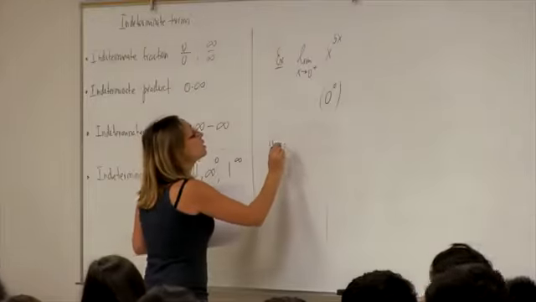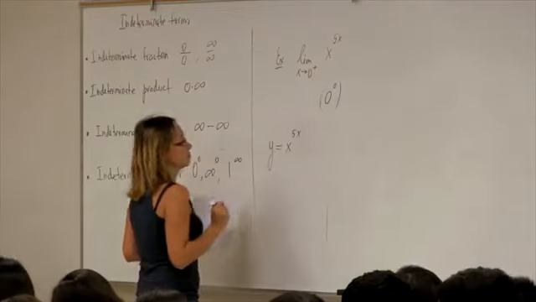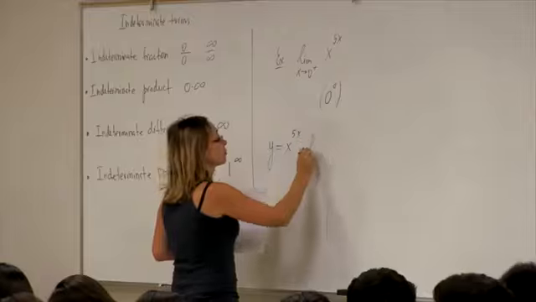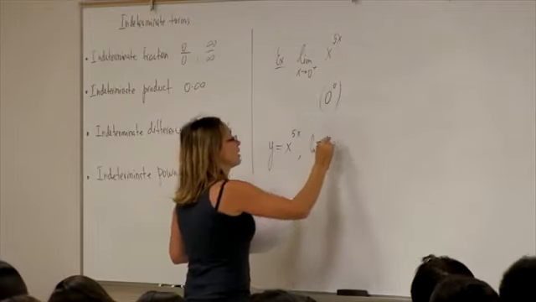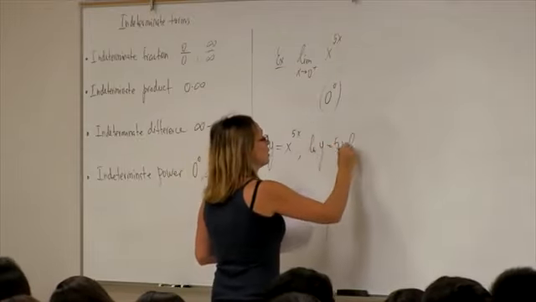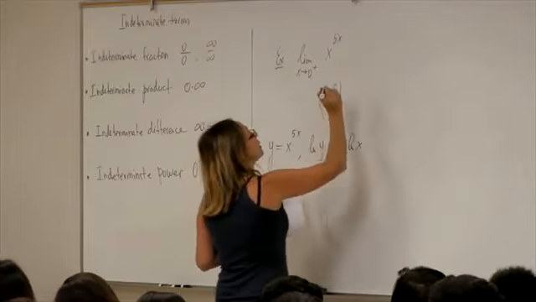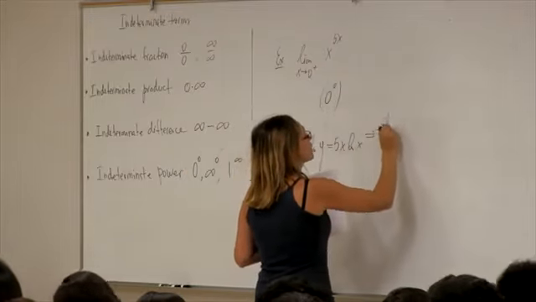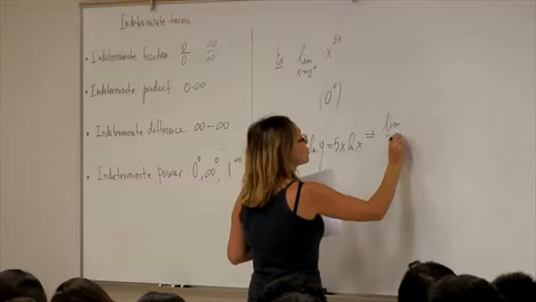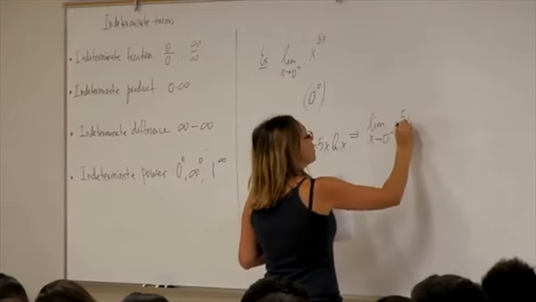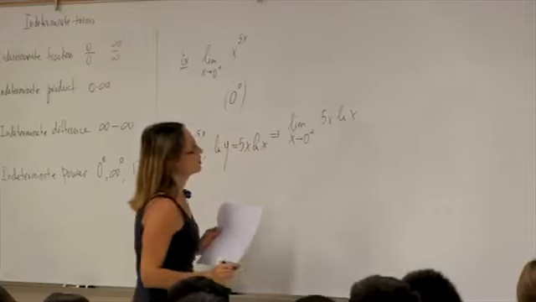We say y equals x to 5x. And then we take the log. Log y is 5x log x. And so let's calculate the limit as x goes to 0 plus of 5x log x.